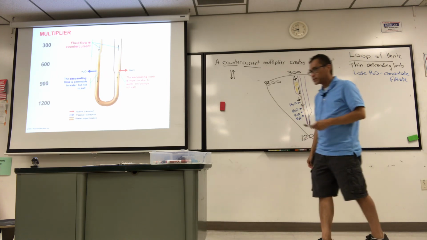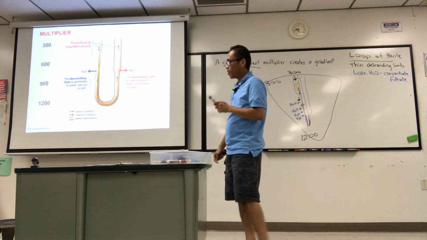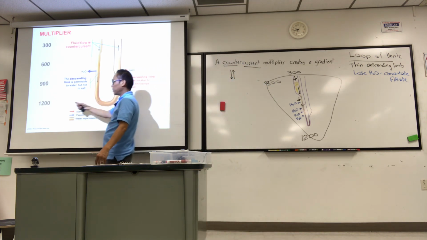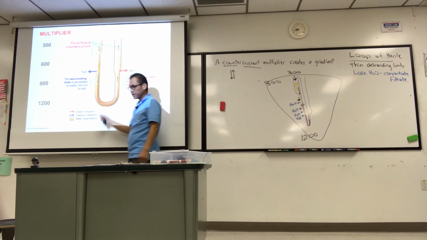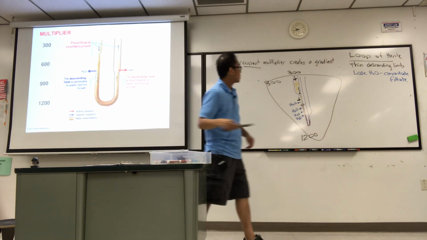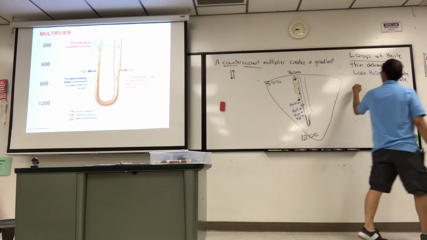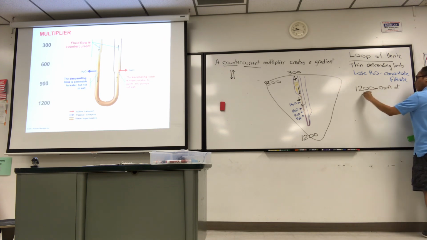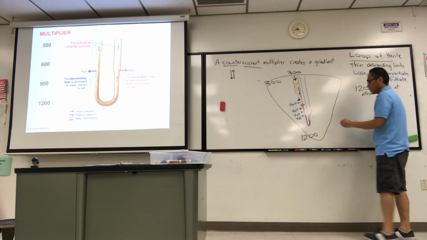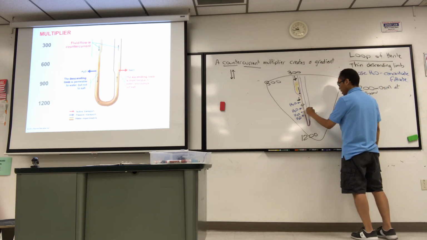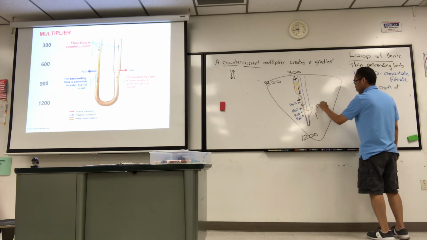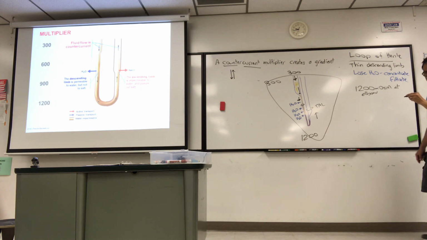So what I'll write on the board is the concentration of the filtrate at the elbow is 1200. It's also 1200 in the environment that it's in, that's why they put 1200 there. So assume on the inside it's also 1200. 1200 milliosmolarity at the elbow. Now this concentrated fluid starts to ascend, and when it gets to here, that's the TAL, the thick ascending limb.